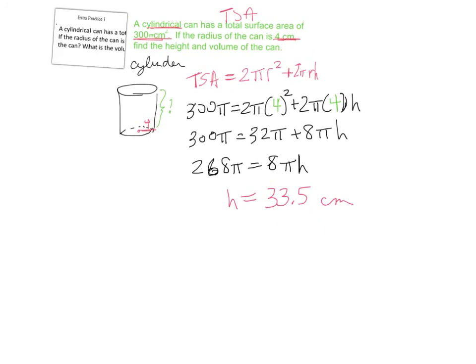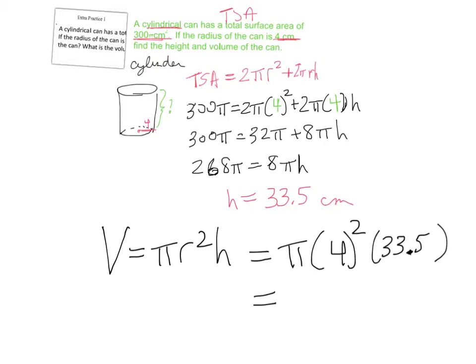Now I need the volume, and again we are dealing with what kind of shape? Cylinder. So what is the volume formula? Hopefully that is what you were thinking. So let's plug in for R and for H. And according to my calculator, that turns out to be 536 pi, or if you went straight decimals, 1,683.89.